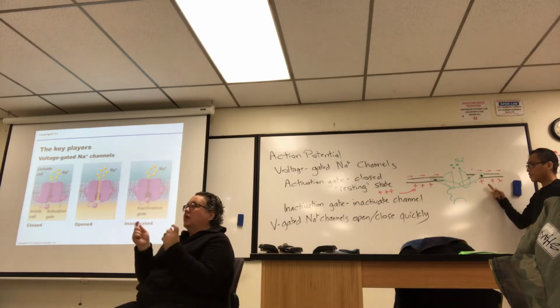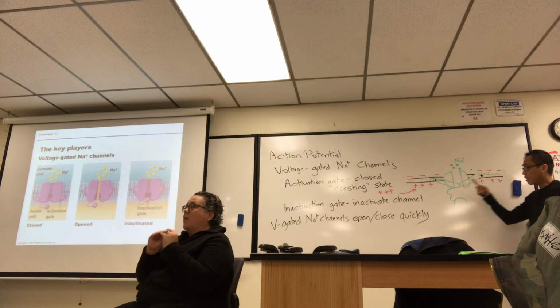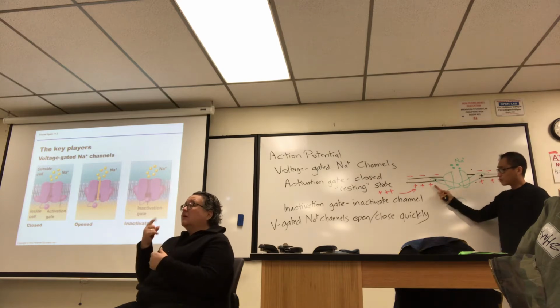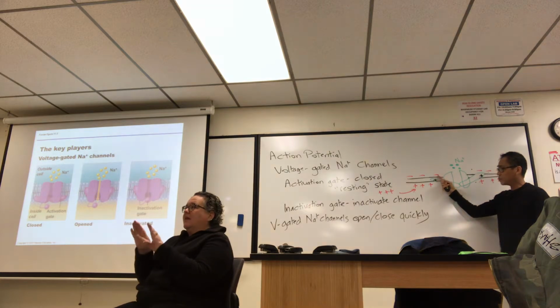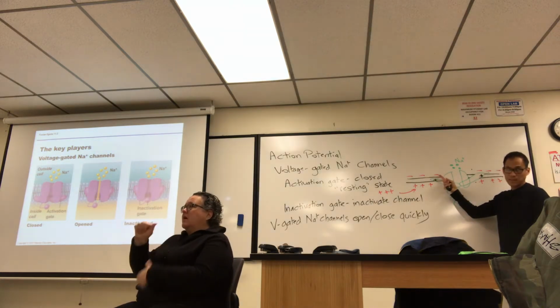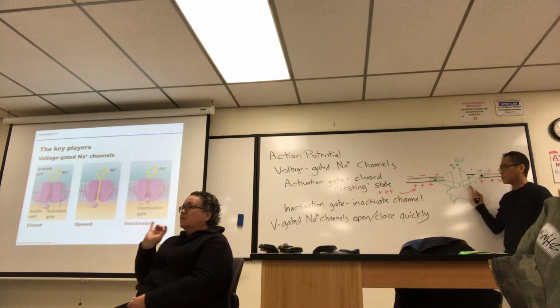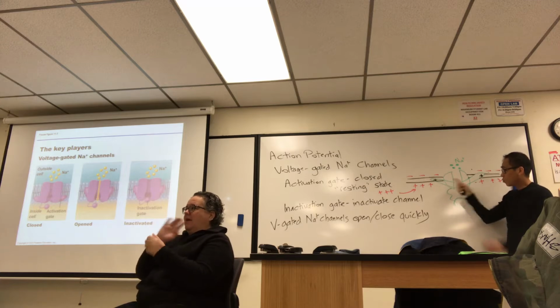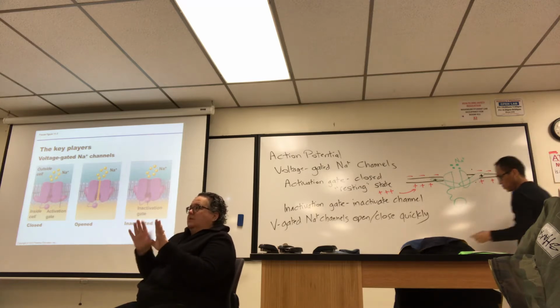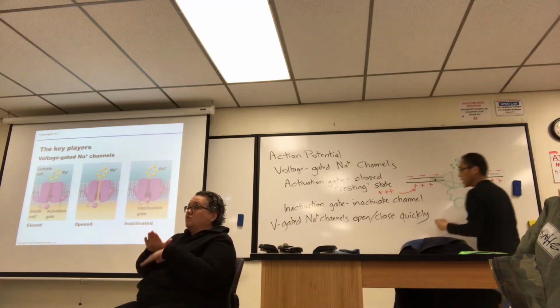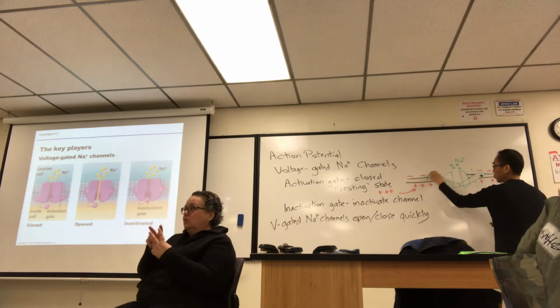It's more positive on the inside now. And now look, this positive charge repels the positive charge in the gate, and it's attracted to, more or less, the negative charge on the outside of the membrane. Okay, so that's kind of the physics behind why the gate opens. It's voltage gated. So when you repel these two, the activation gate will swing up.